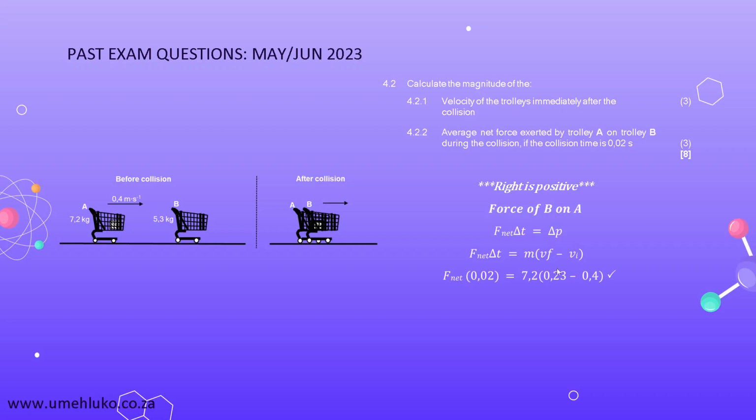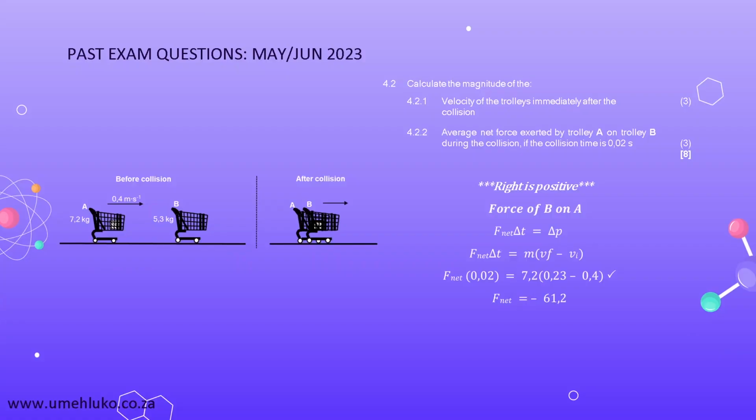The reason why we chose minus is because you've got final velocity minus the initial velocity. One was moving at an initial velocity of 0.4. So as a result, we end up having F net being negative 61.2 newtons. Right, take note that it's negative.